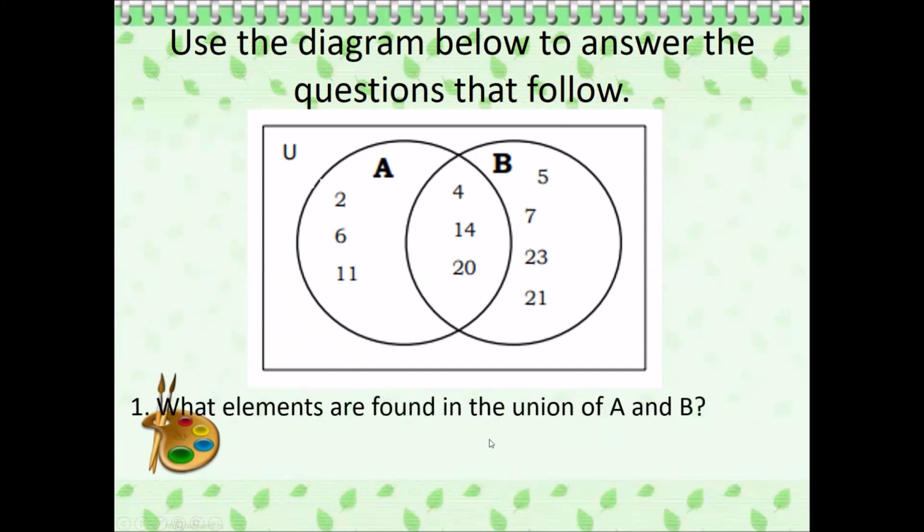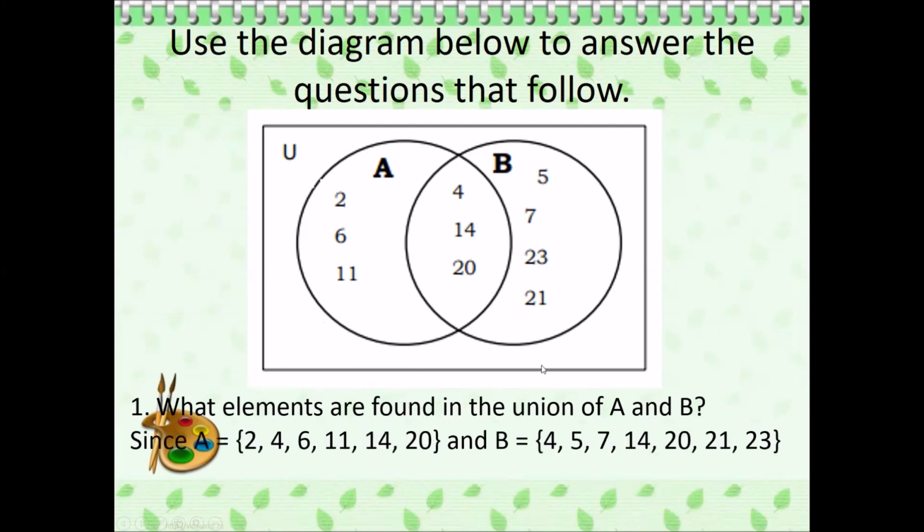What elements are found in the union of set A and set B? We combine them and write an element only once if both sets have the same number or element. So therefore, we can conclude that the union of set A and set B is 2, 4, 5, 6, 7, 11, 14, 20, 21, and 23.